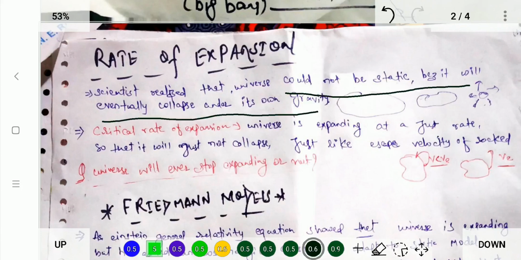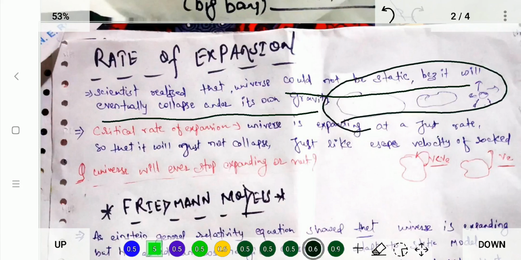Same problem I told you in the previous video: it will collapse under its own gravity if the universe is static. So it should be expanding or contracting. If the universe is static, then it will shrink and there's a big explosion and everything is doomed.